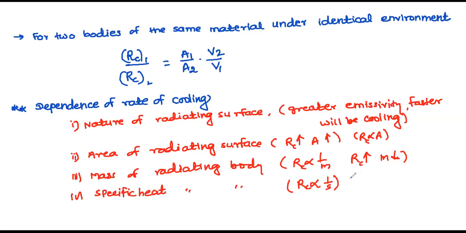The more the specific heat, the less will be the rate of cooling. That's why water takes so much time to cool as compared with soil. Why? Because the specific heat of water is more.